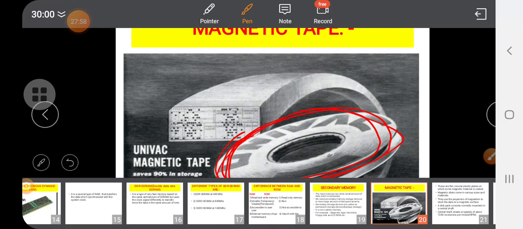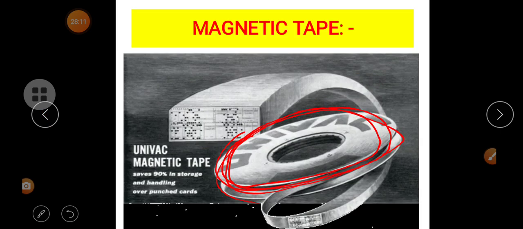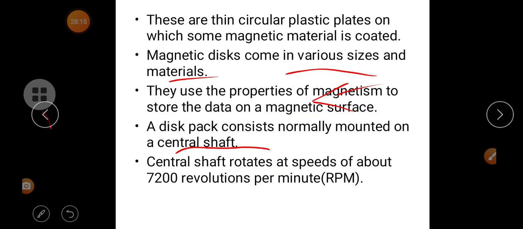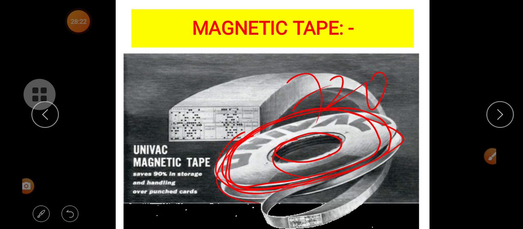So next thing is a disc pack, normally mounted on a central shaft. Here this is a central shaft, on this the disc mount is placed. Okay, so this central shaft revolves at 720 rpm, revolutions per minute.